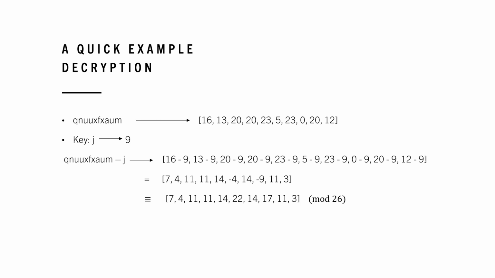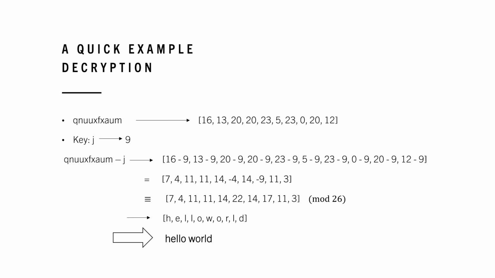Once again, we use the same mapping to find which letter they correspond to. And it turns out number 7 corresponds to letter H, number 4 corresponds to letter E, and if you do this process, you see you're going to get hello world back. And there you have it.